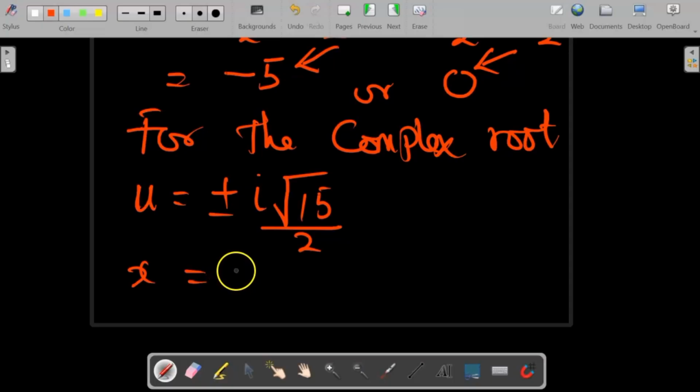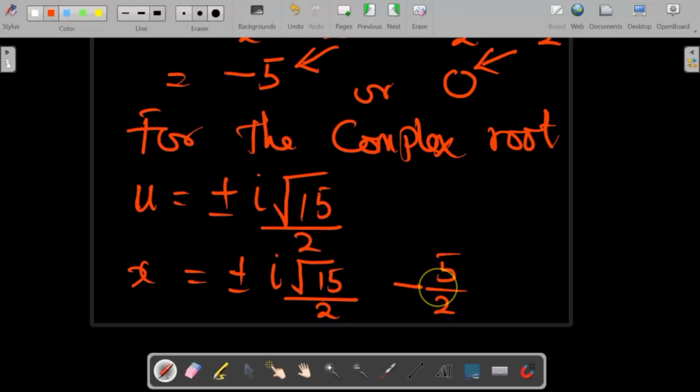So we have x is equal to plus or minus i root 15 over 2 minus 5 over 2.